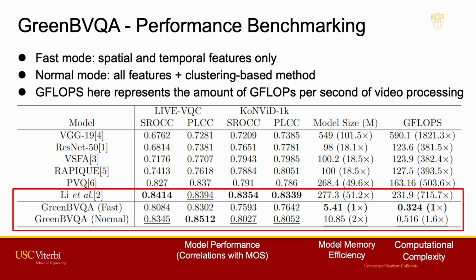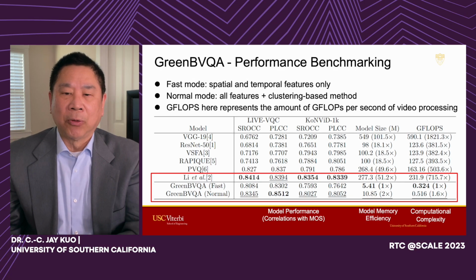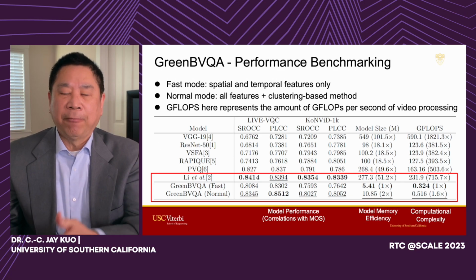And then you can compare with the method by Li. For the two data sets, their performance has 3 as the top and 1 as the second. And our Green-BVQA normal has 3 as second and 1 as the best. So basically, these two are competing technologies. But now, in terms of performance, you see the model size and gigaflops.